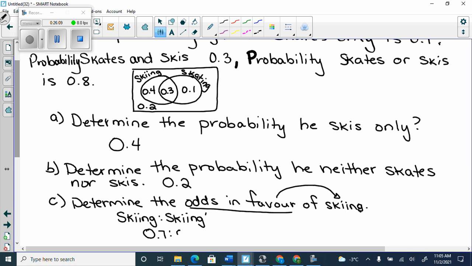Then it would be 0.3, because these should add to 1, correct? Also, if I cover up the skiing, how much is left? 0.2 and 0.1, which is 0.3. When you type those in, what do they get you? 0.7 divided by 0.3, math enter. Gets you 7/3, correct?